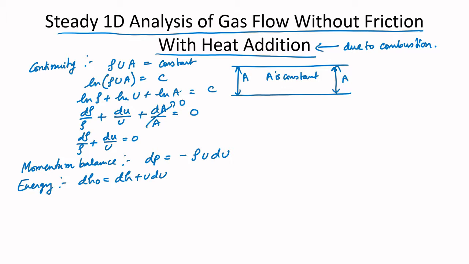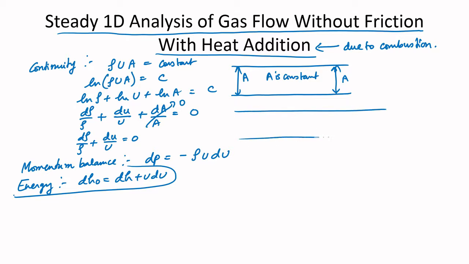Now, if I keep this apart for now, and if I say that this is my constant area duct and this is my station 1, and I am interested in whatever is happening at any point, so this is my station x essentially.